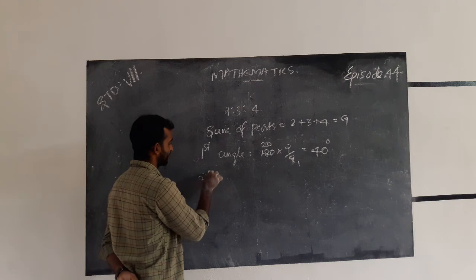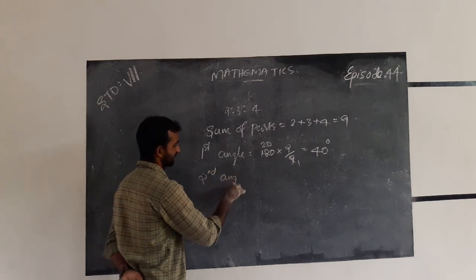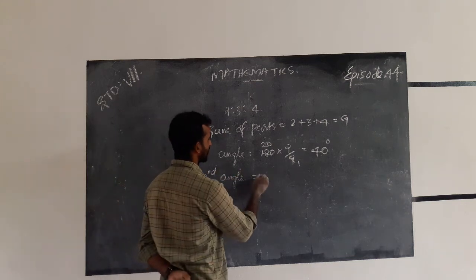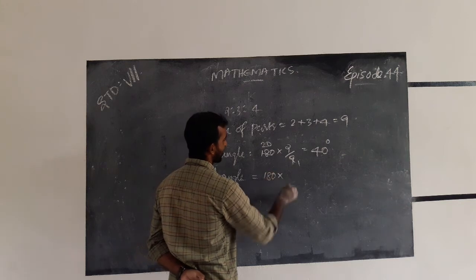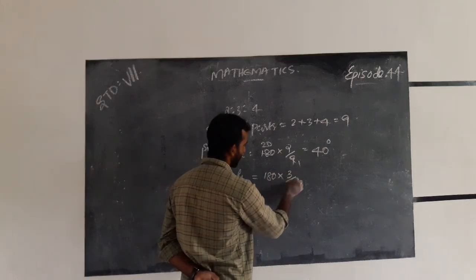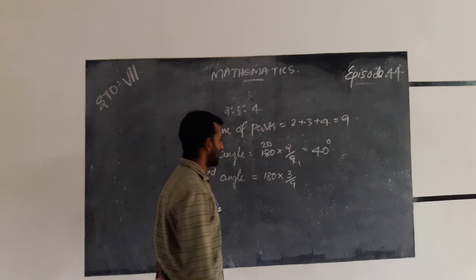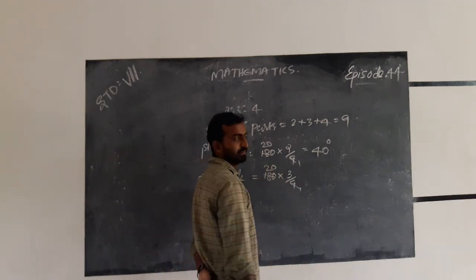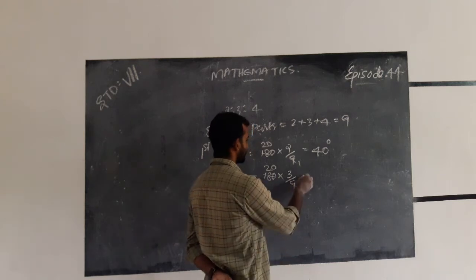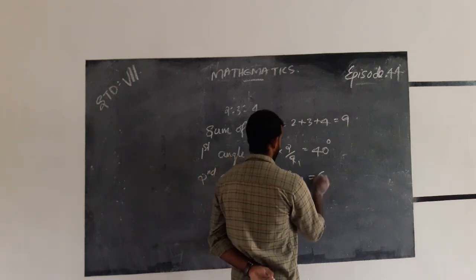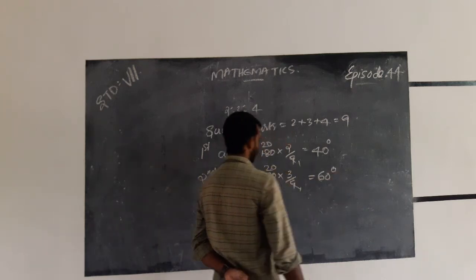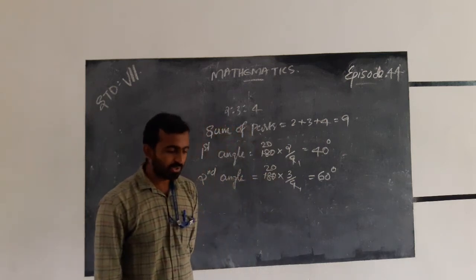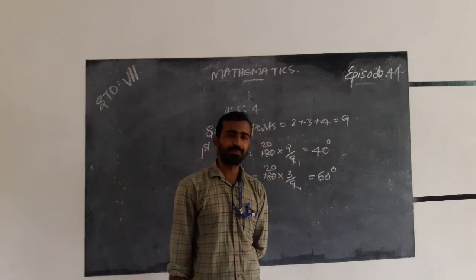And the second angle is equal to 180 into 3 by 9. That is 60 degree. 20 into 3, we get 60 degree.